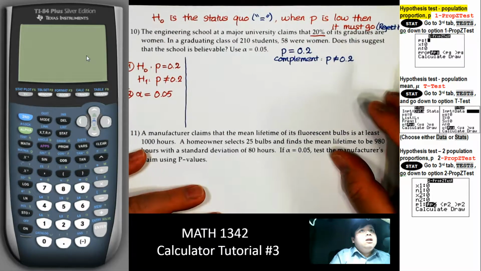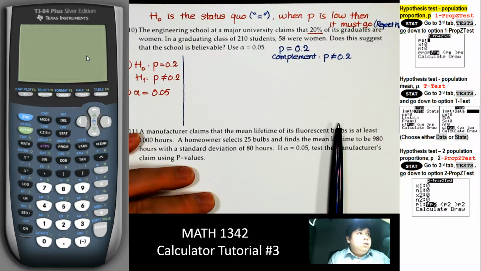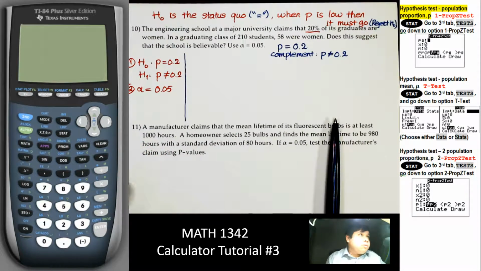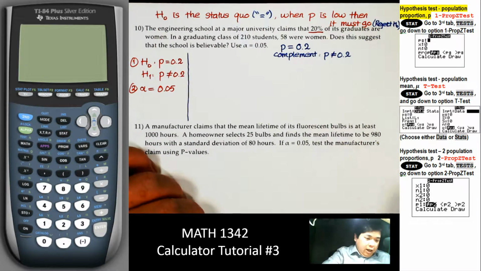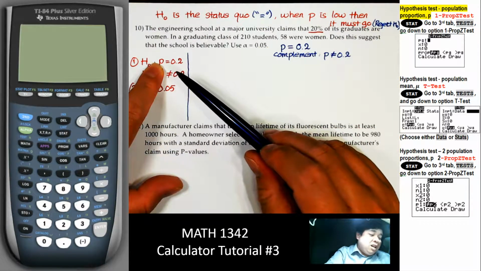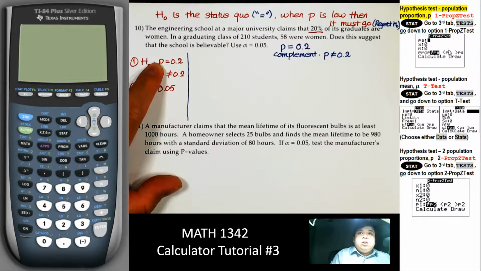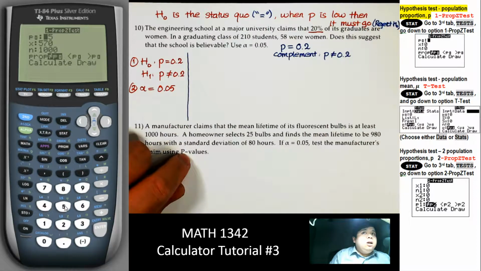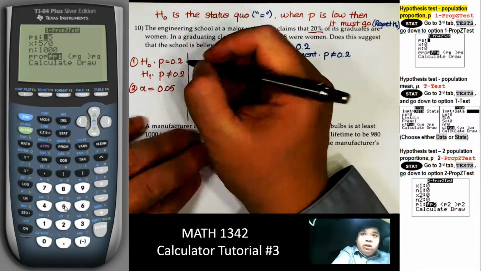Now this is for the proportion, so that will be a z test, and we have only one proportion. So stat, test, and this is proportion, meaning we're going to use the z test, the one-proportion option here. So that is what we need to have.